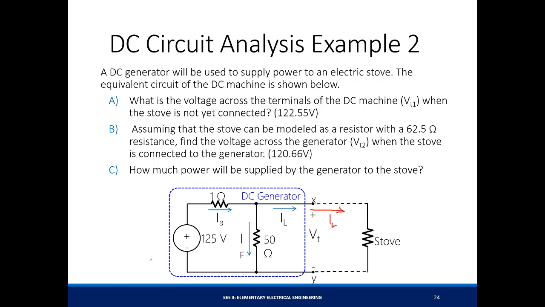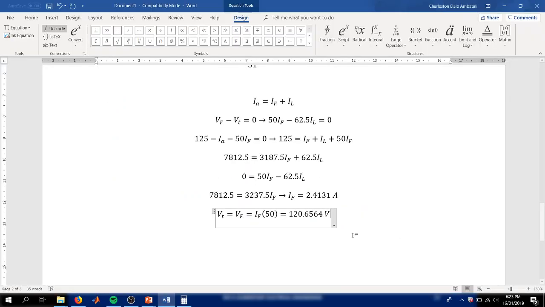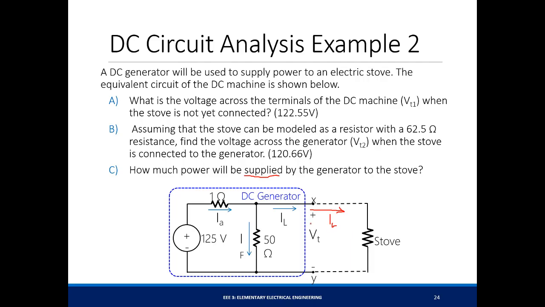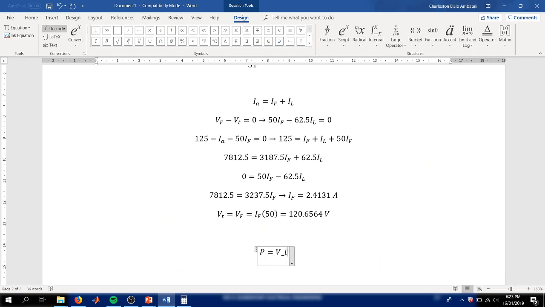Therefore, this big block right here generates power actually. So it supplies power. How do we compute that power? So the power is now equal to this voltage right here, VT, times the current IL.